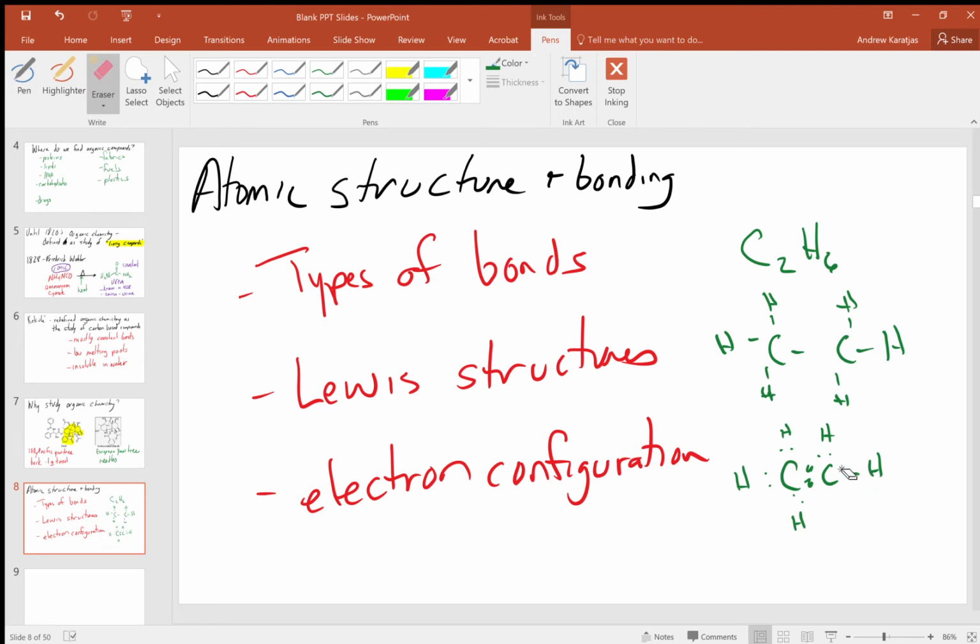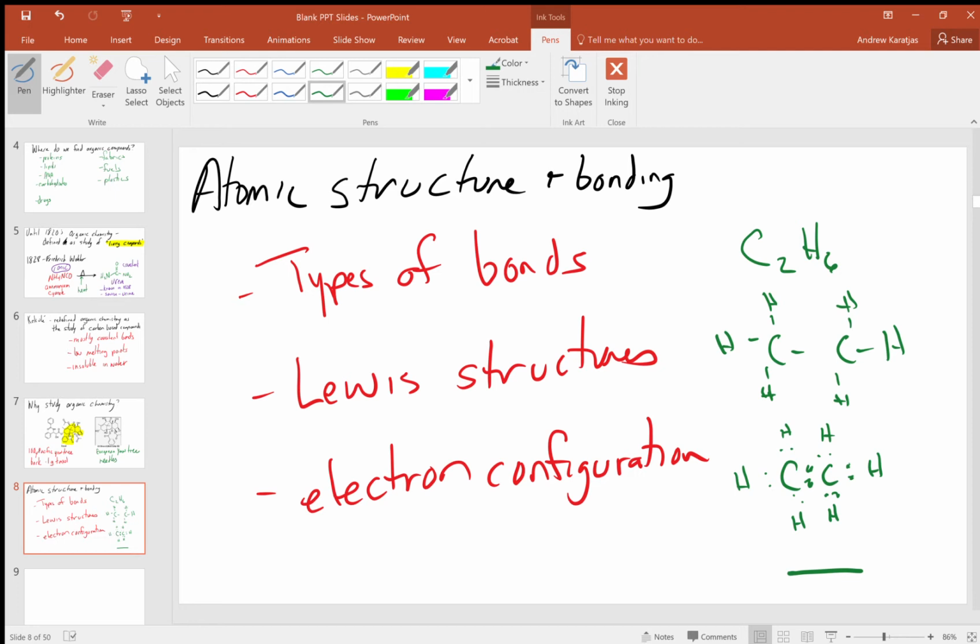Let's make those look like electrons as opposed to bonds. But in this course, so we lost a hydrogen. When we draw C2H6, it's going to look like that.